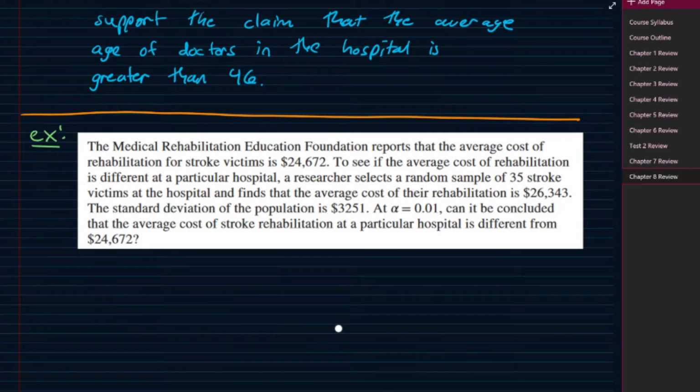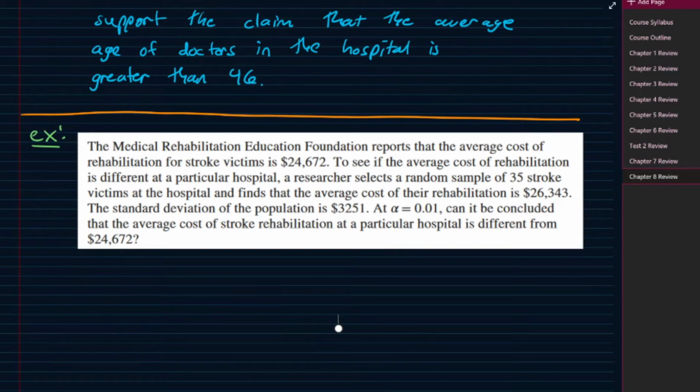Okay, so I've got another question here in the hypothesis test. It says, the Medical Rehabilitation Education Foundation reports that the average cost of rehabilitation for stroke victims is $24,672. To see if the average cost of rehabilitation is different at a particular hospital, a researcher selects a random sample of 35 stroke victims at the hospital and finds that the average cost of their rehabilitation is $26,343.